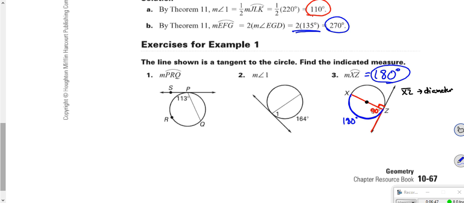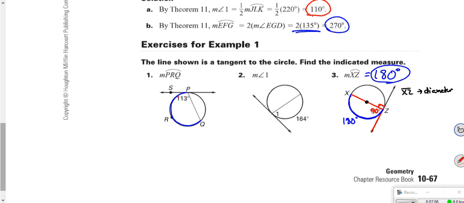Okay, now let's go back and look at 1 and 2. So here on number 1, they want us to find the measure of the arc PRQ. Now you can already tell that it's a major arc. They use 3 letters to define it, or to name it, if you will. So arc PRQ is what we're trying to find the measure of.